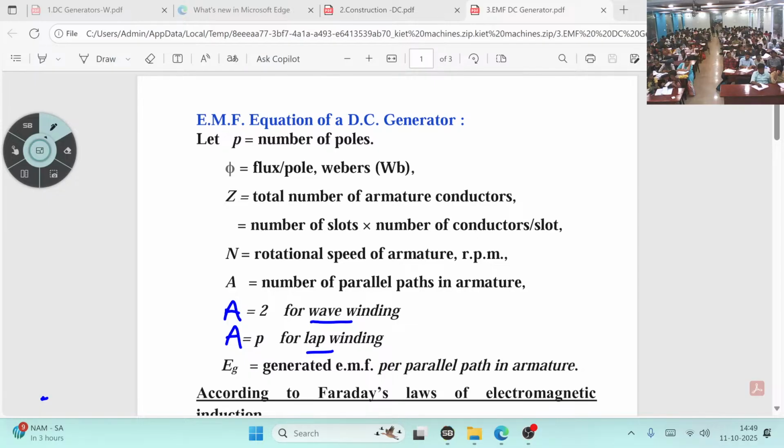Then what is N? N is the rotational speed of the armature. And A is the number of parallel paths.